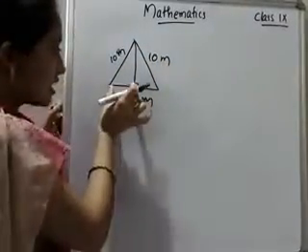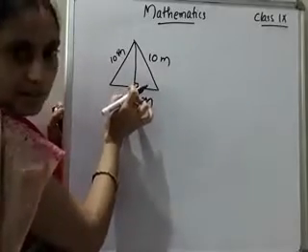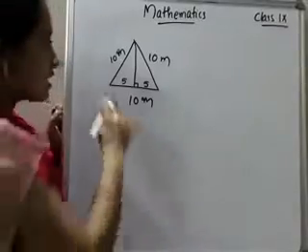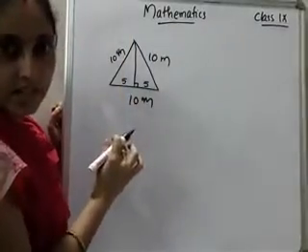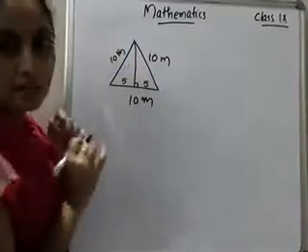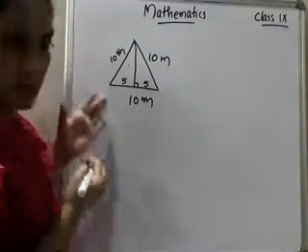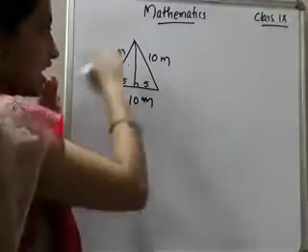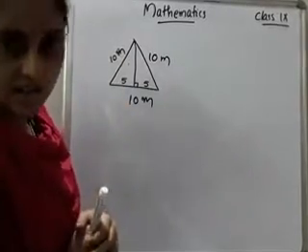This is the midpoint, so this will be 5 and this will be 5. How will you find the area of this triangle? The area of the first triangle plus the area of the second triangle. Likewise, you have to calculate and then add it. That gives the area of the equilateral triangle.